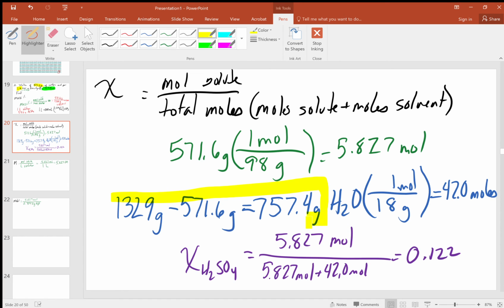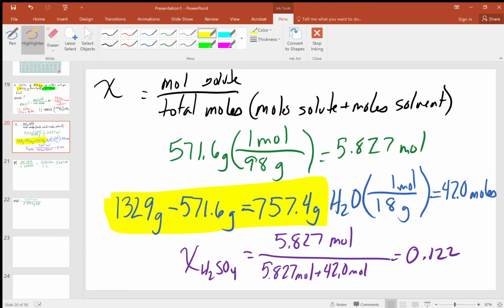remember we said if we had 1 liter, then that meant it had a mass of 1329 grams. We subtracted out the 571.6 grams of sulfuric acid to find out the amount of water. Then I just converted it from grams to kilograms.